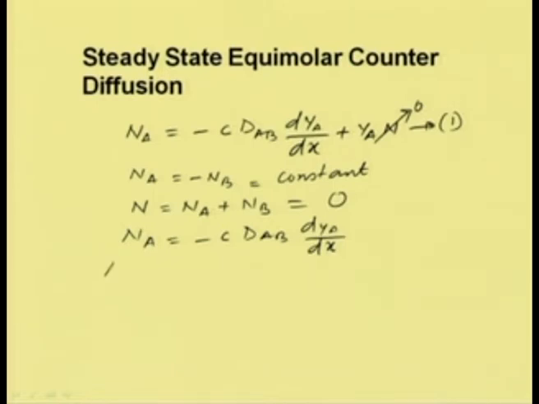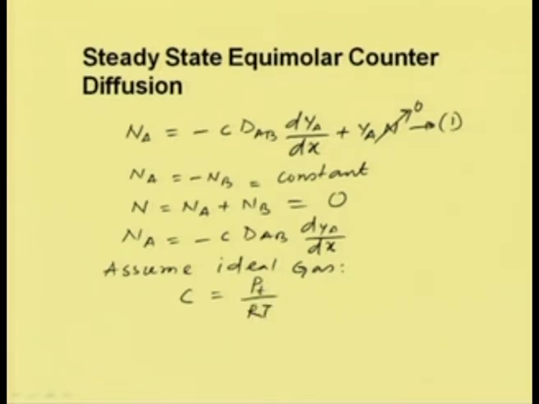Assume ideal gas. If we assume ideal gas, C is equal to total pressure by RT.